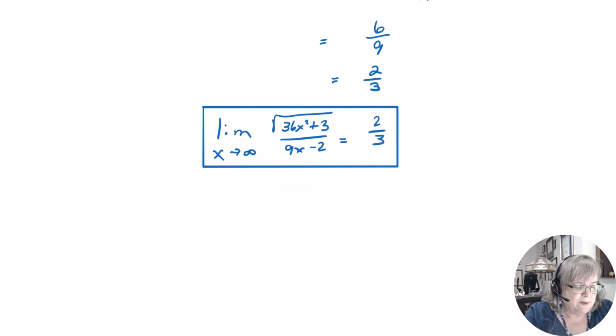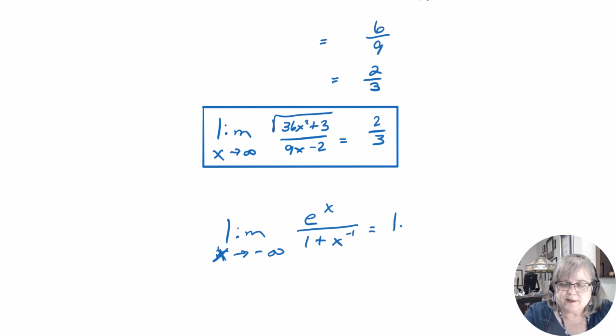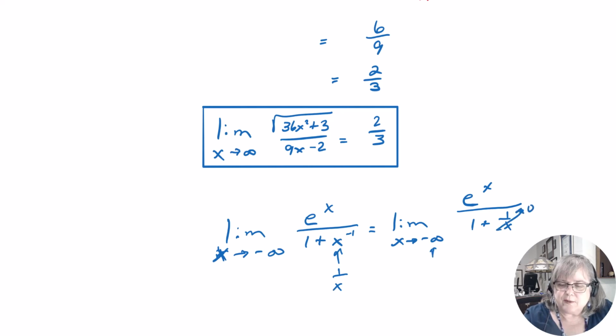Now, sometimes it helps to know what things look like. So if, as a graph, so if I want to talk about x going off to negative infinity of e to the x over 1 plus x to the minus 1, this is the same thing as e to the x over 1 plus 1 over x. Now, I'm not dividing everybody by an x. X to the minus 1 is 1 over x. So I can go ahead and think of this 1 over x as we're going to infinity as this is 0.